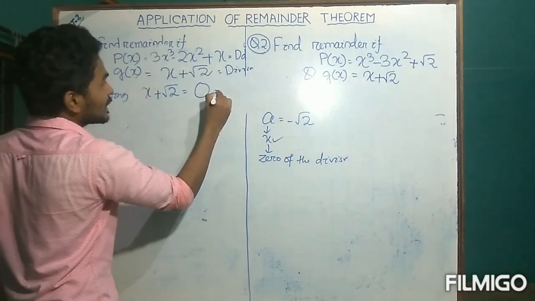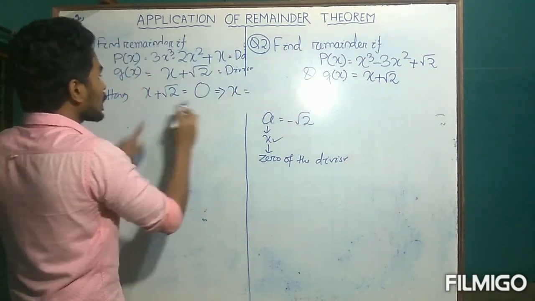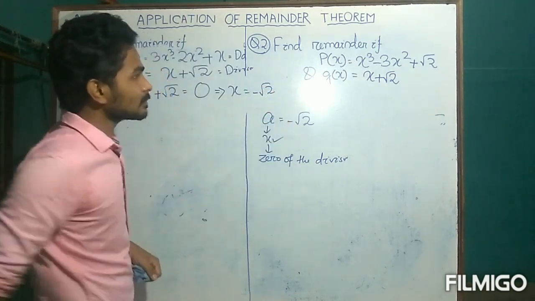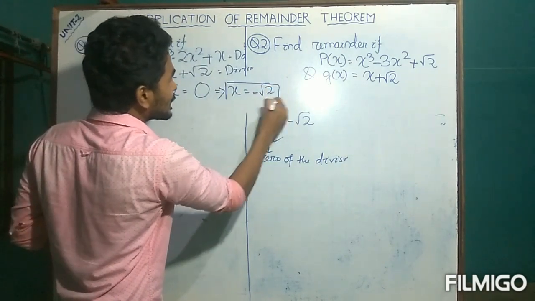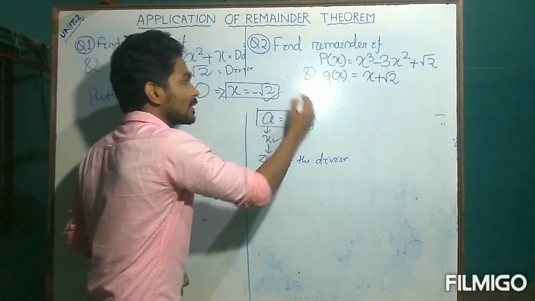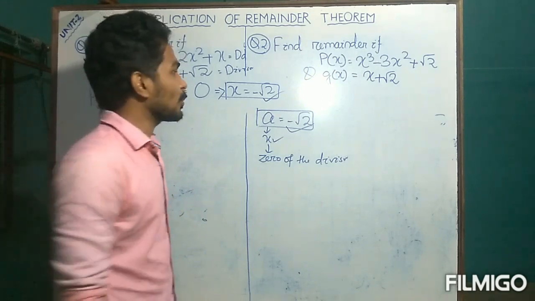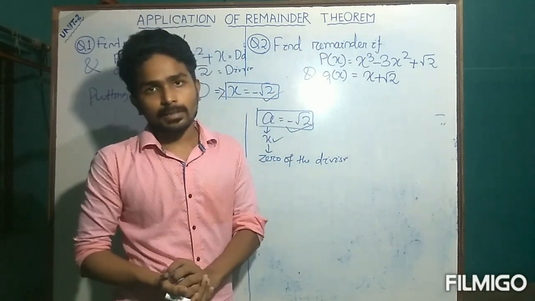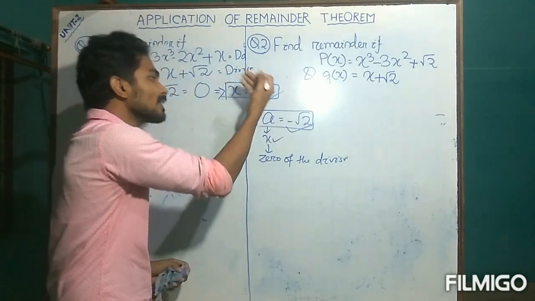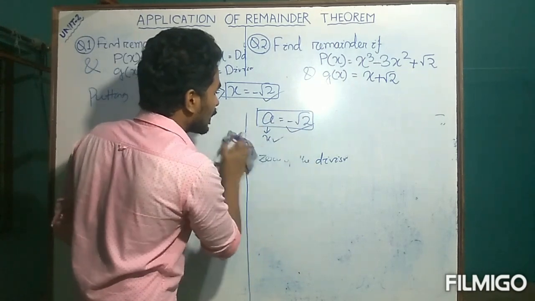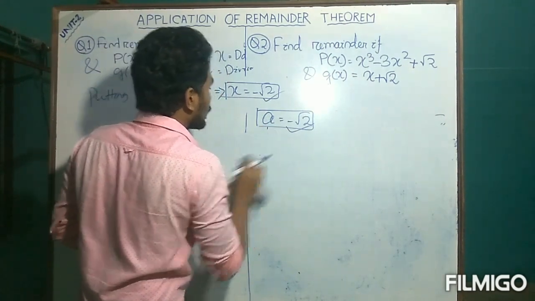Then x plus root 2 equals 0, and when plus root 2 goes to the right hand side, it becomes minus root 2. You can see in both cases we get the same result, minus root 2. That means x is equal to a is equal to the zero of the divisor. So the value of a is minus root 2. Clear? Now the value of a is found.